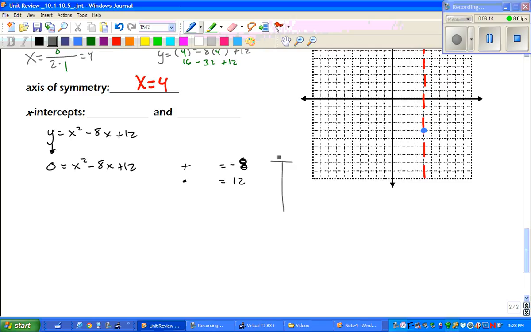Well, if you've forgotten the factors of 12, they're 1 and 12, 2 and 6, 3 and 4. And I'm pretty sure that we can use -2 and -6. Okay? So let's split the middle term. We get x squared minus 2x minus 6x plus 12 equals 0.